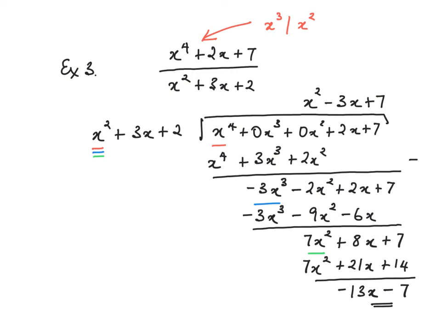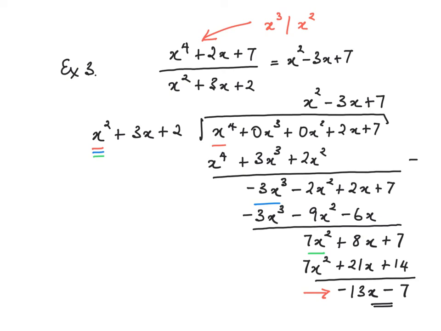So what do we have then? This original function equals x squared minus 3x plus 7. Now, I have to be careful with this. Both of these terms are negative, so what could we do?